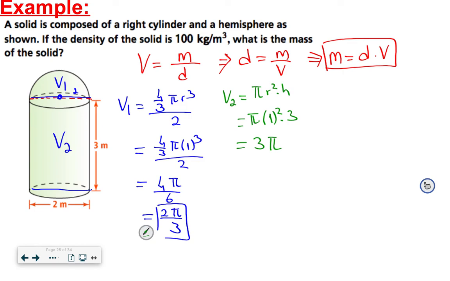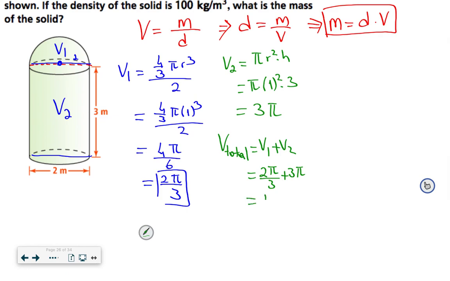To be able to find the total volume, you need to add V1 plus V2. From here, 2 pi over 3 plus 3 pi, then you will get 11 pi over 3. This is total volume.